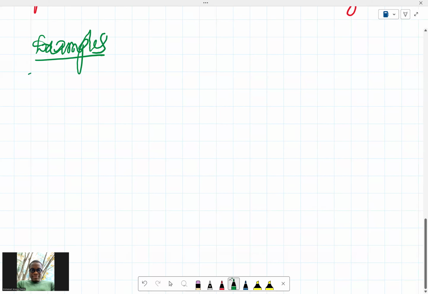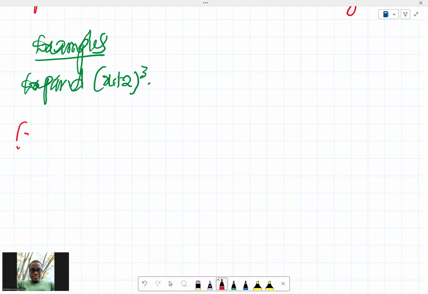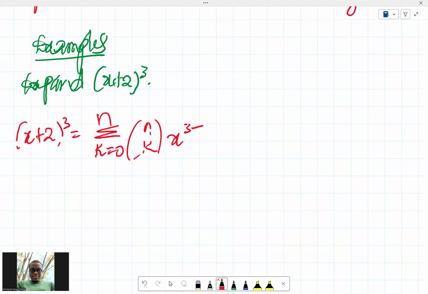First, imagine we want to expand x plus 2 squared, or say x plus 2 cubed. We already know how that goes. That's x plus 2 raised to power 3, which is the same thing as the summation from k equals 0 to n of n combination k, x raised to power 3 minus k, 2 raised to power k.